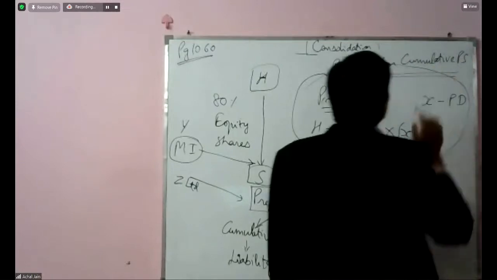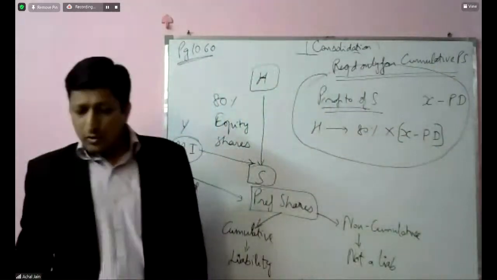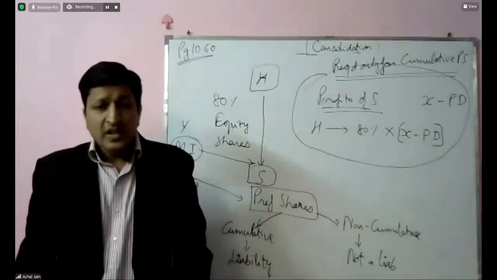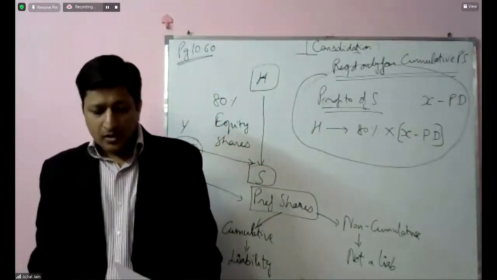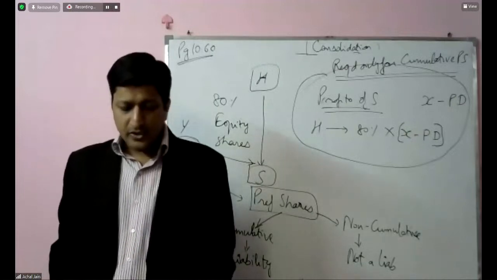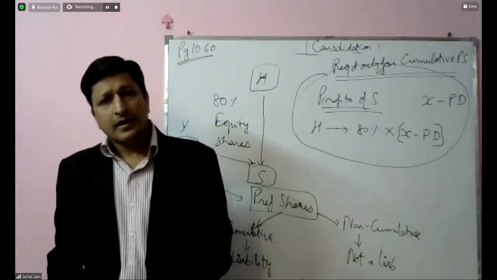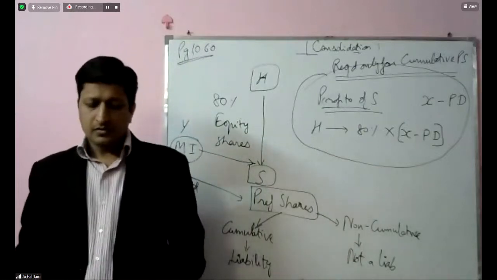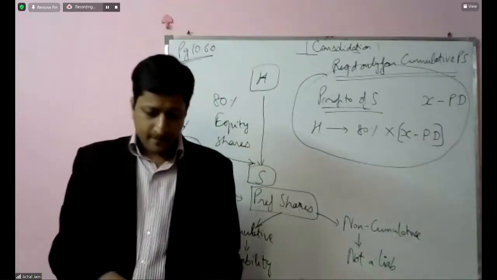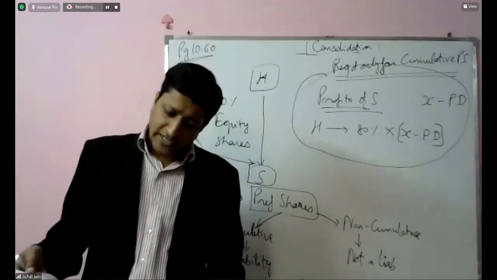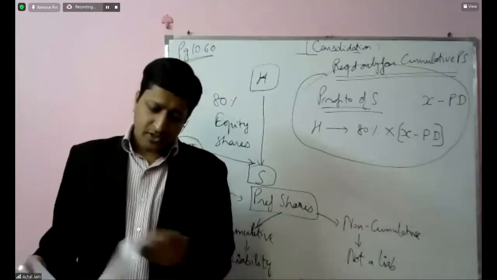Required only for cumulative preference. This will not be required for non-cumulative preference. Okay, clear on this? Now, before we conclude our discussion, what you can quickly do is, you can just quickly go to page number 10.54.